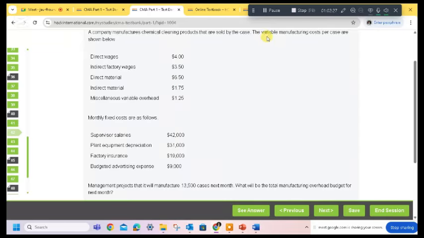All these are factory, because look at the heading, manufacturing cost. That means even this 1.25 is factory overhead. But here, supervisory salary manufacturing, plant equipment depreciation manufacturing, factory insurance manufacturing, but this is not manufacturing. Advertising is not manufacturing.